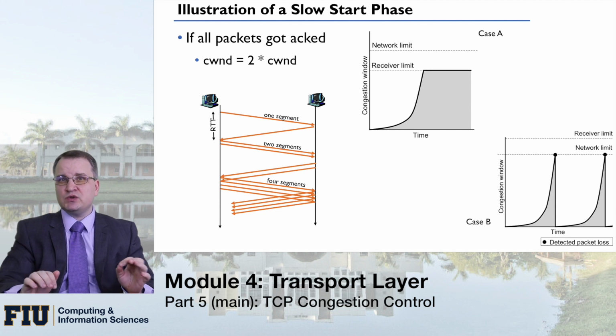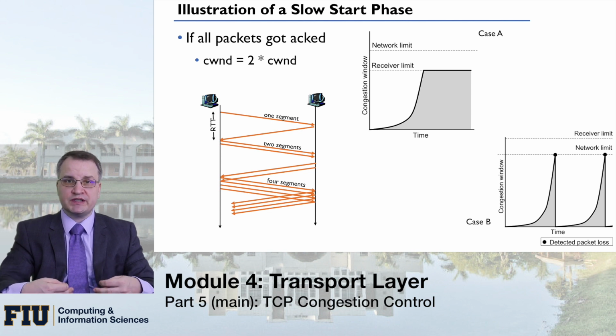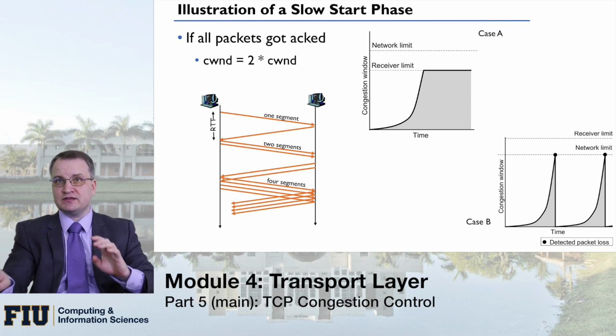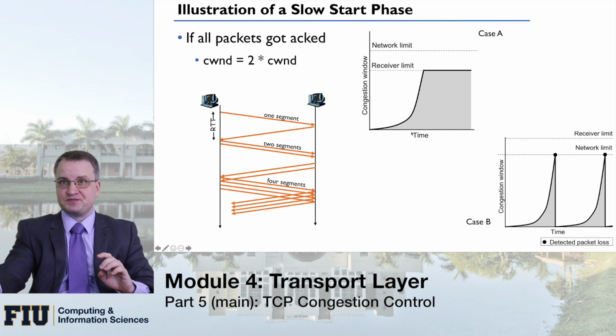There are technically 2 kinds of results that you can see for the actual congestion window, or the actual window that is active, depending on what kind of network limit or receiver limit is in existence. So for example, if you have a very good capacity of the network, but the receiver is very slow and not eager to process all the data that you're sending, you will see this picture.